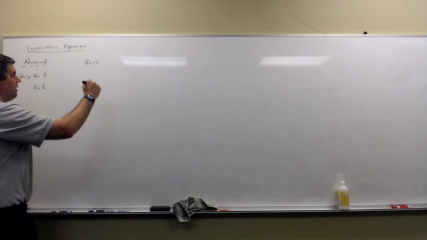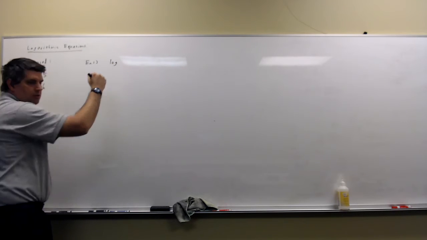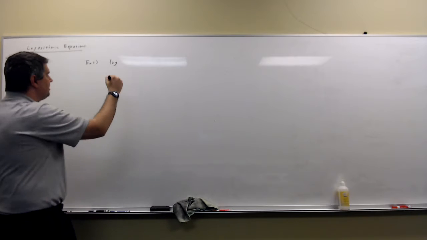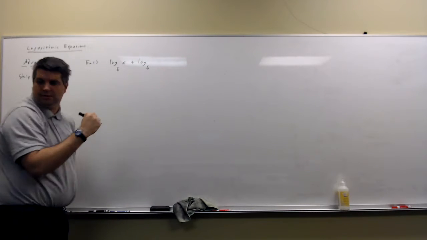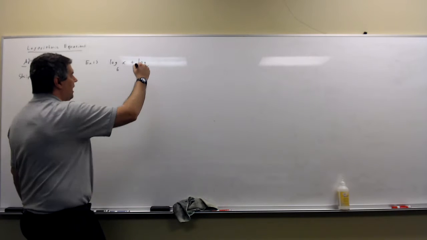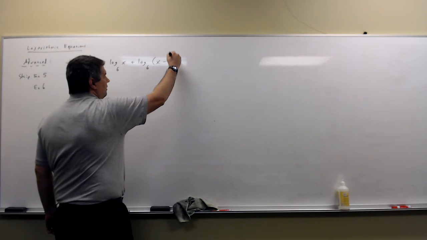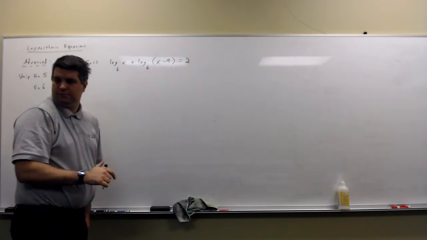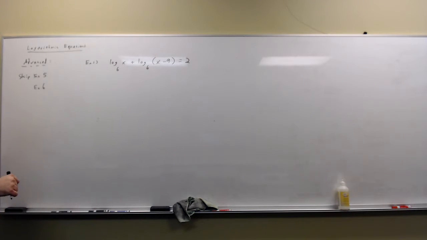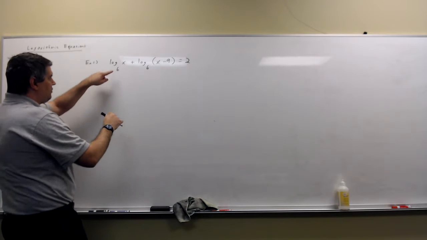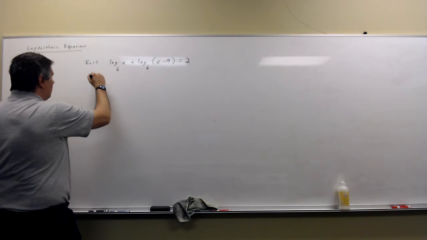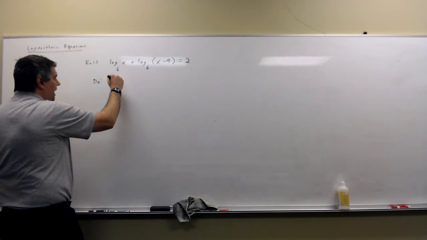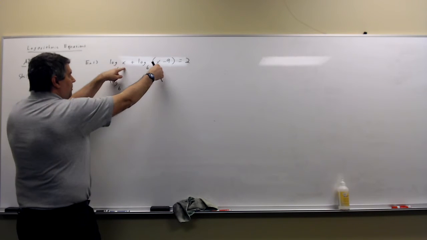So example 1, I have log base 6 of x plus log base 6 of x minus 9 equals 2. Now there's a sum product relationship. If you have a common base and you're adding the logarithms, you can combine them into the logarithm of a product.